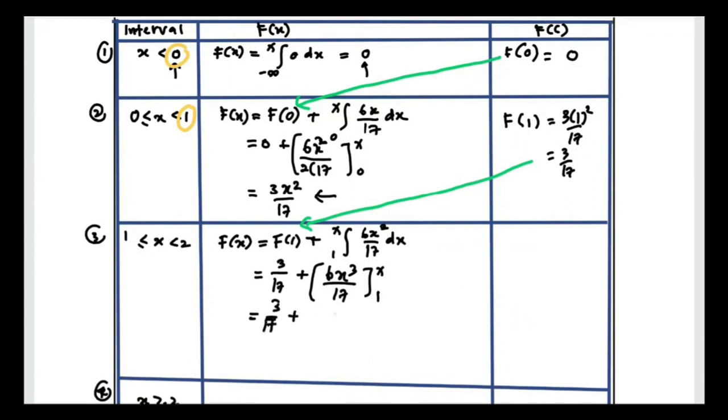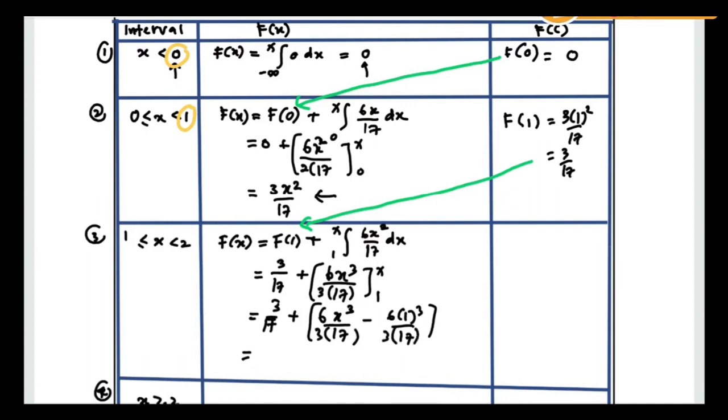3 over 17 plus this integration, so 6, substitute the limit, so 6x cubed over 17 minus 6 times 1 cubed over 17. So then if we simplify every single thing here, I forgot, this should be 3 here.